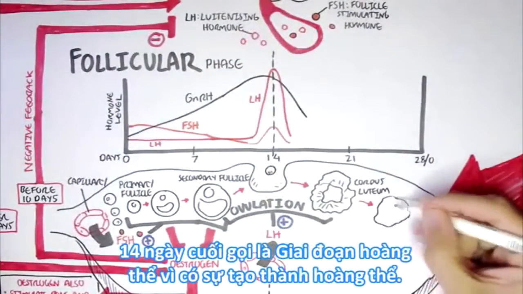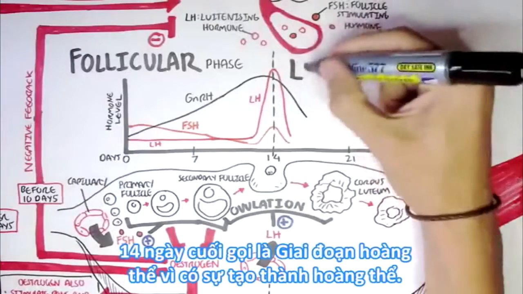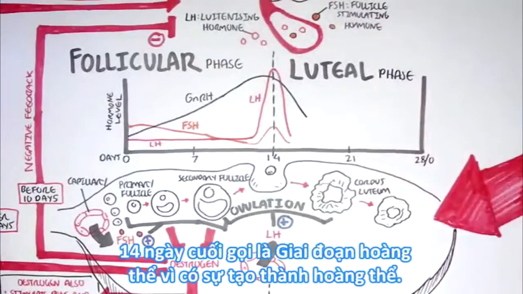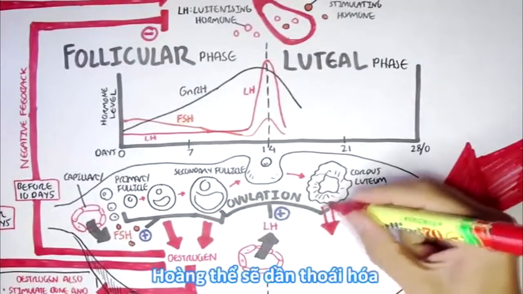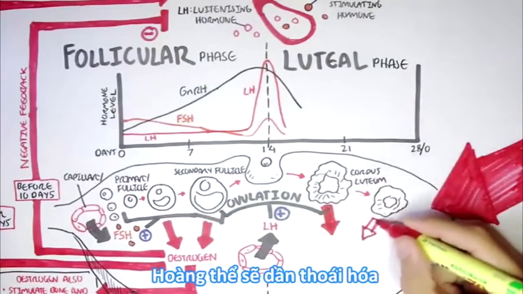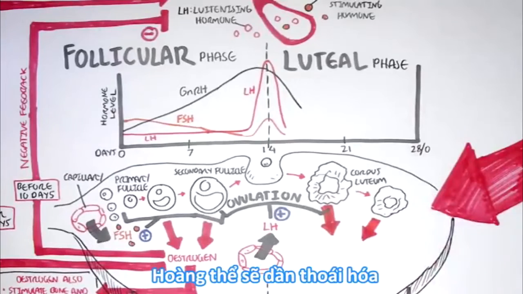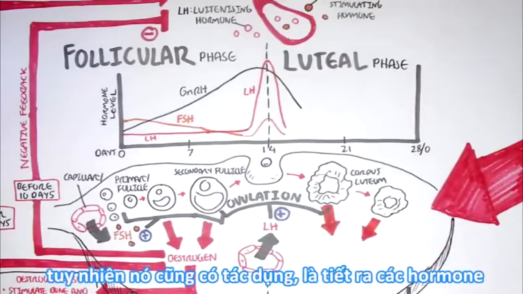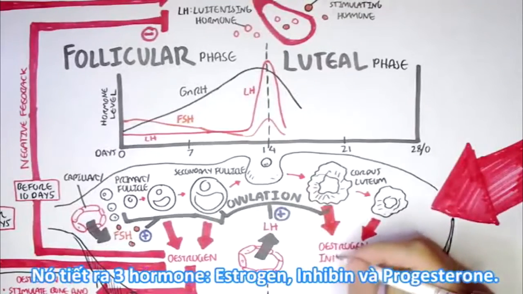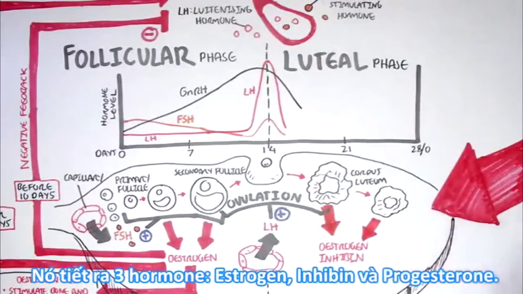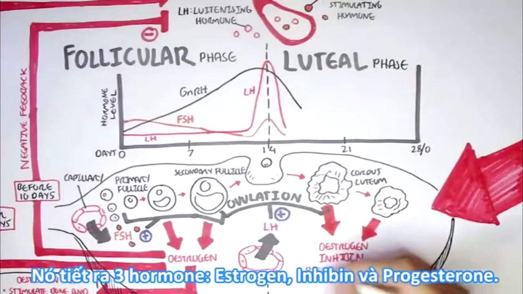And the last 14 days is known as the luteal phase because we have the formation of the corpus luteum. The corpus luteum will essentially slowly degrade. However, it also has a purpose in that it secretes hormones. It secretes 3 hormones: estrogen again, inhibin, and progesterone.